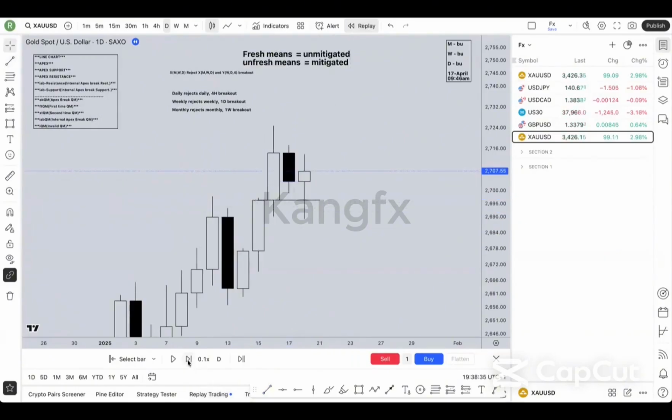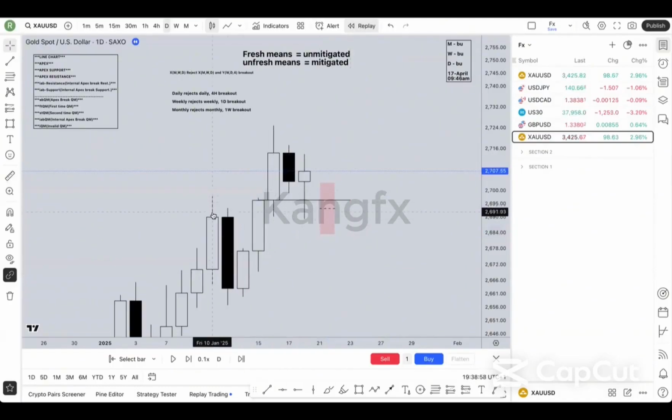Now, if I have a candle come here, wick through it, this candle is no more fresh to use. But if you have another candle, do something like this, come back, close below it, that means this candle is now fresh to use again. The key level is fresh to use again.